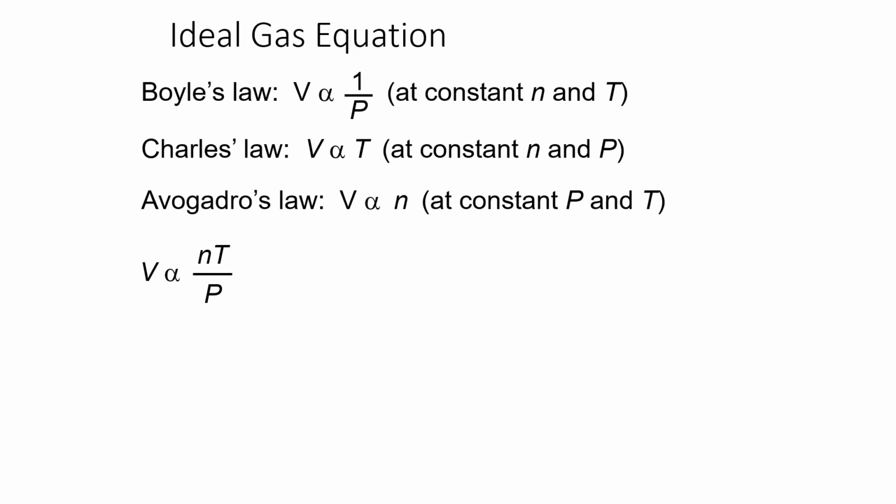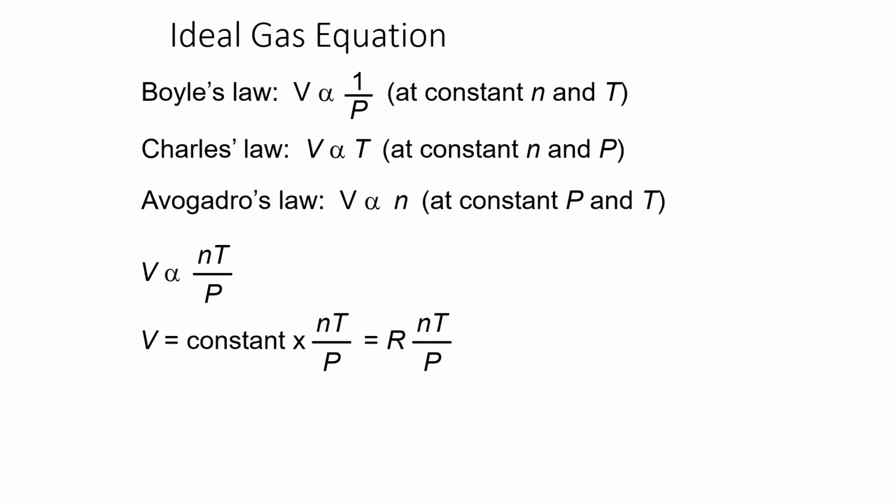Boyle's law, volume is proportional to 1 over P. So these have all been arranged so we have V on the left side of this relationship. Charles' law, V is directly proportional to T, and Avogadro's, V is directly proportional to n. So we can combine these and say V is proportional to nT over P.